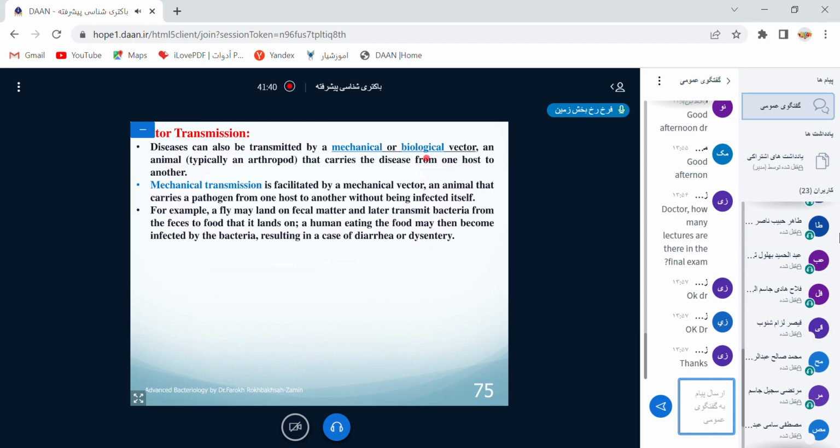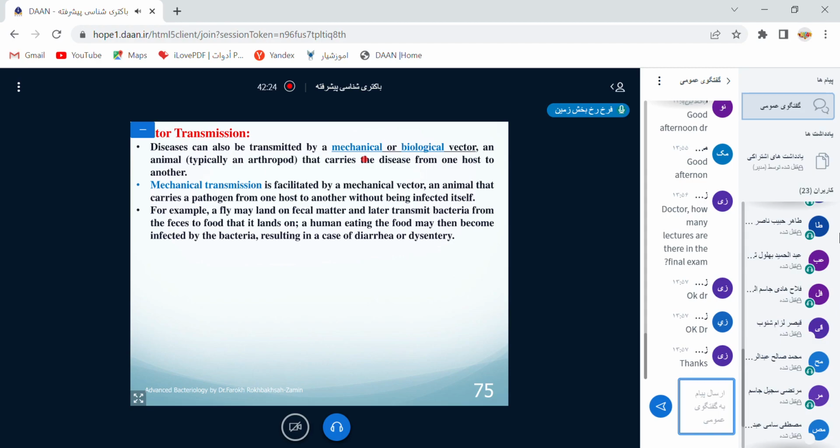What is the difference between them? When one microbe has different ways of transmission, and one of the ways is a vector, it is a mechanical vector. On the other hand, without any change, only the resistant inactive form of the pathogen is transferred by a mechanical vector.